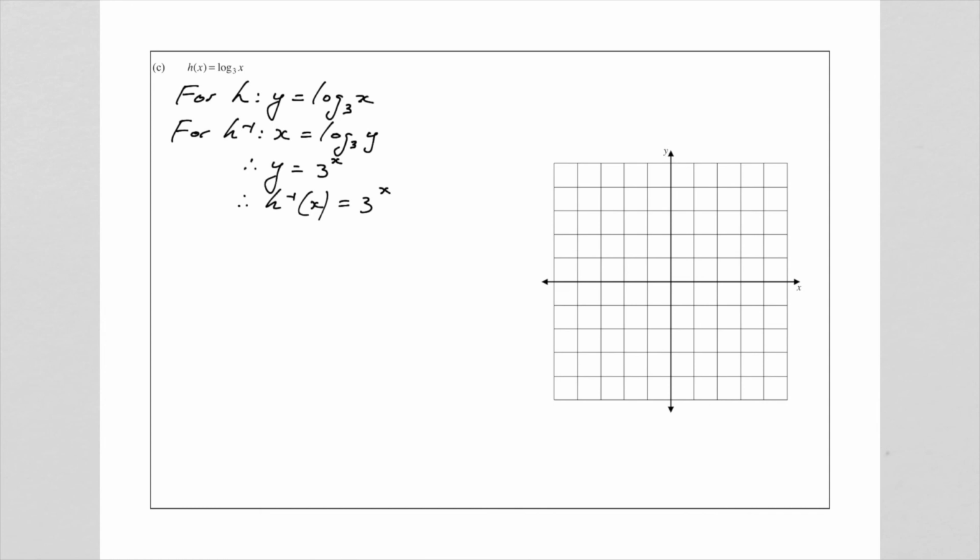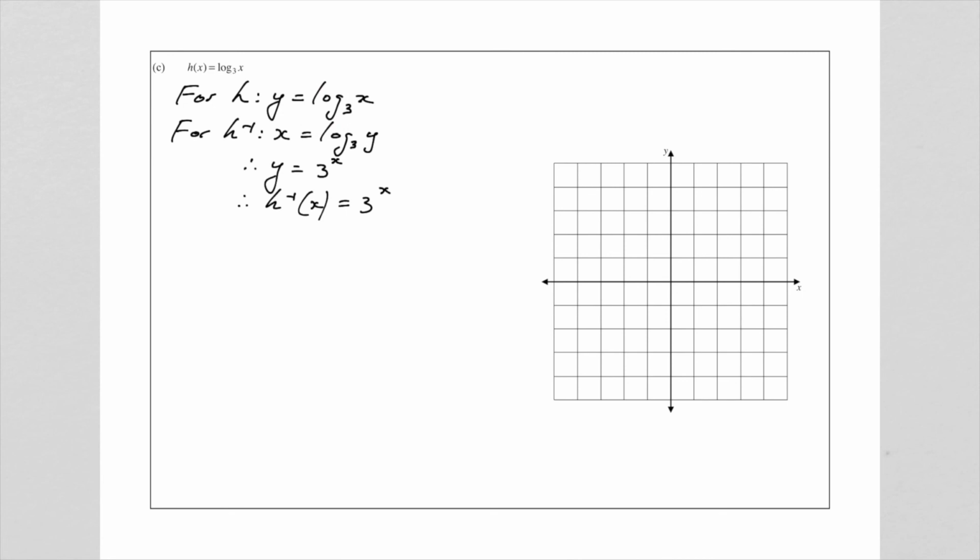So we need to find 3 points again, but very important now, you can find the 3 points on h or on the inverse. Now, I will suggest that we use the inverse to find the 3 points because it's much easier to substitute the 3 x values in here than into the logarithmic.